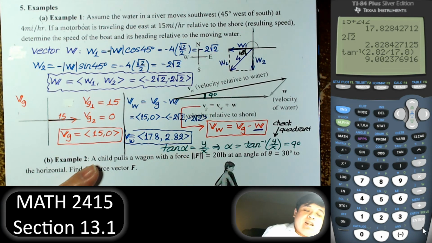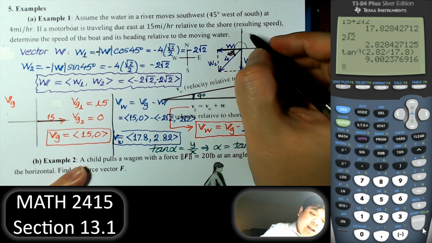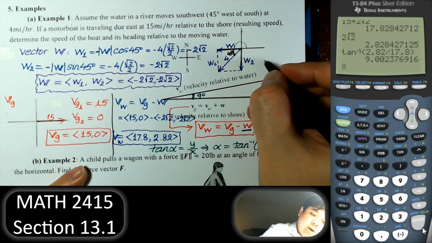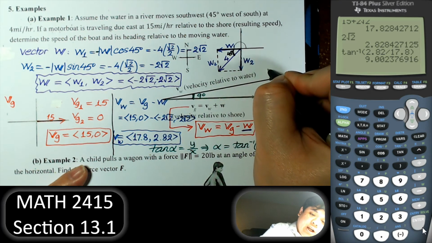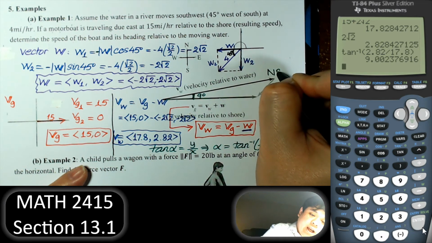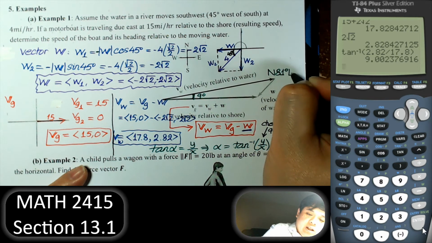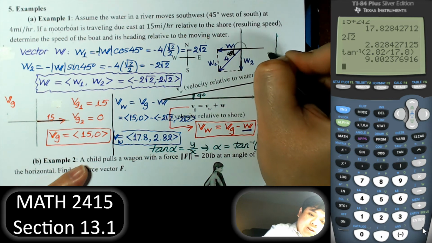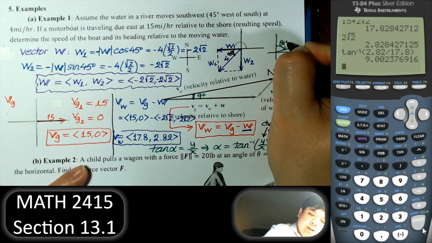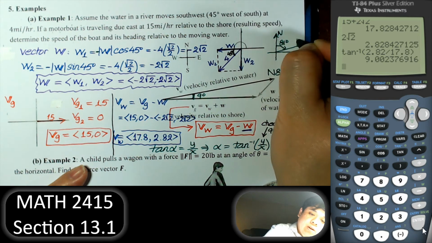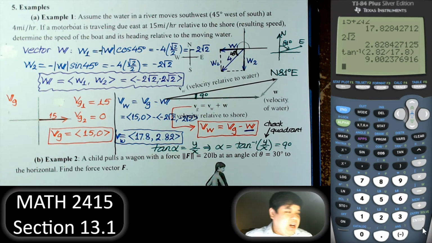So technically we can say the direction it moves is north 81 degrees east side. So all thereabout.